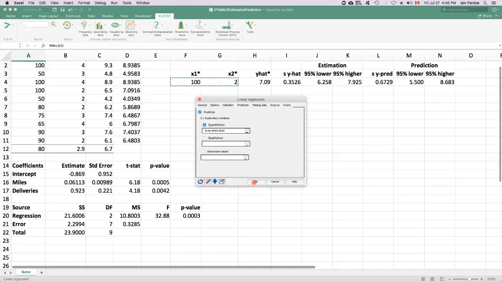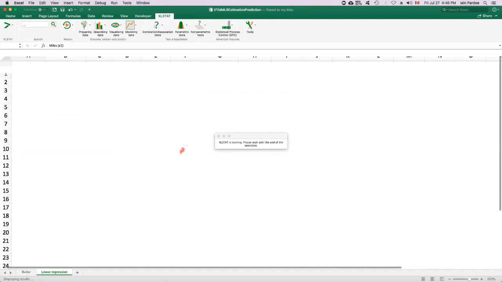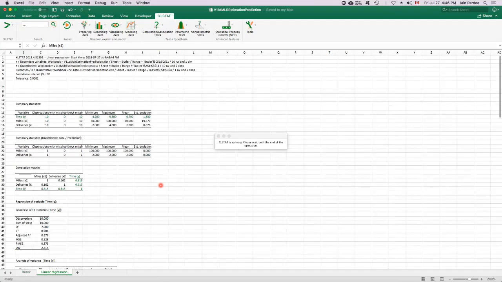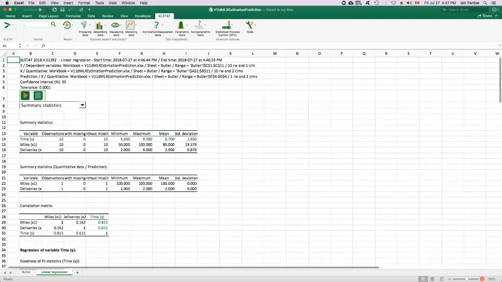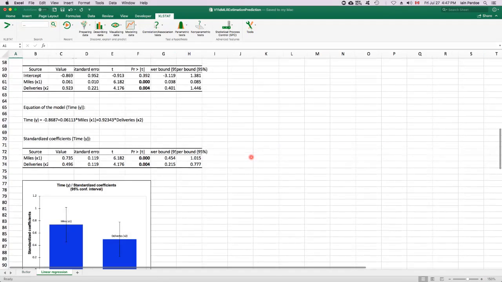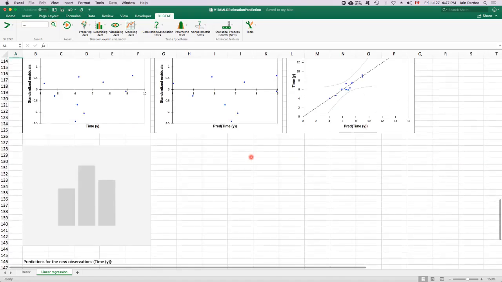Now if I click OK, it will fit the model as usual, but there will be an extra piece of output with these confidence interval and prediction intervals. Let's make the output a little bigger so we can see it, and then scroll down.